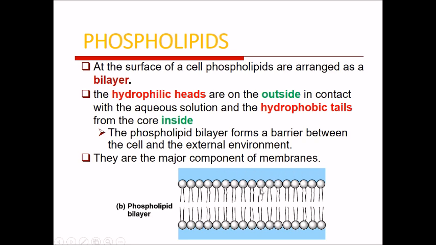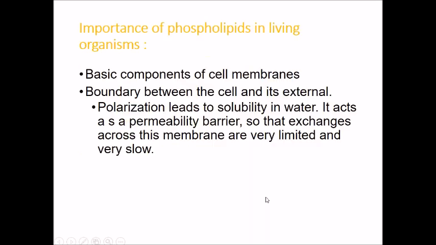Meanwhile, the two fatty acids that make up the hydrophobic tails of the phospholipids are buried inside at the inner parts, because they want to avoid exposing themselves to the aqueous solution, and they are the major components of the membranes.